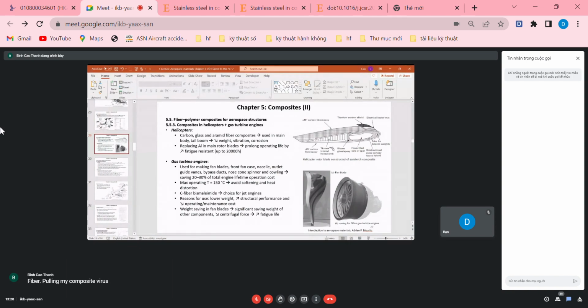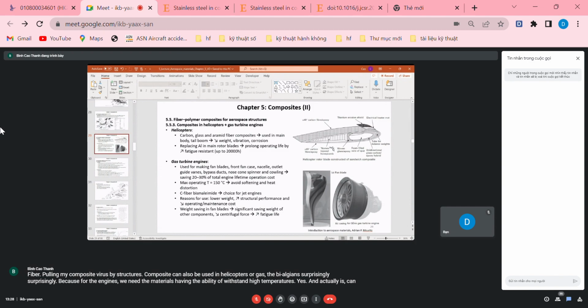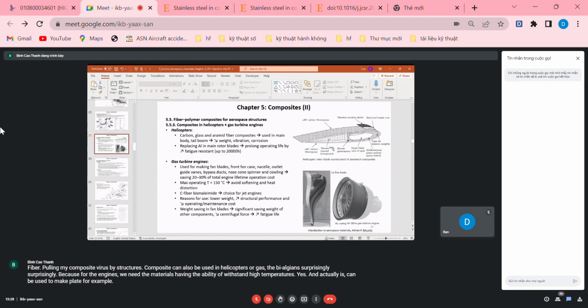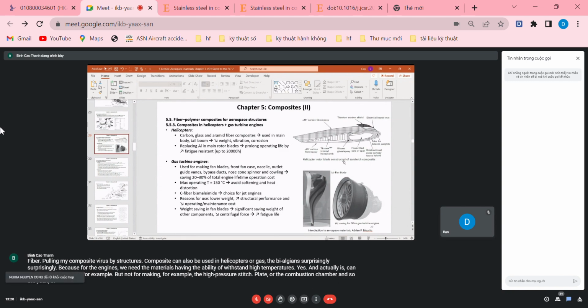Fiber polymer composite for aerospace structures. Composite can also be used in helicopters or gas turbine engines, surprisingly, because for engines we need materials able to withstand high temperatures. It can be used to make blades, for example, but not the high pressure stage blades or the combustion chamber and so on.